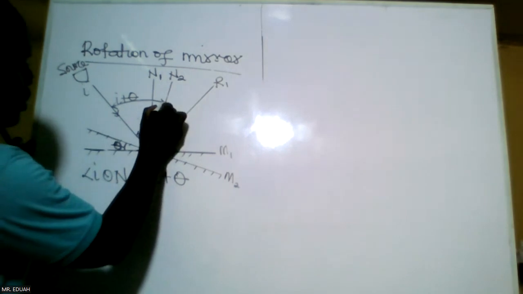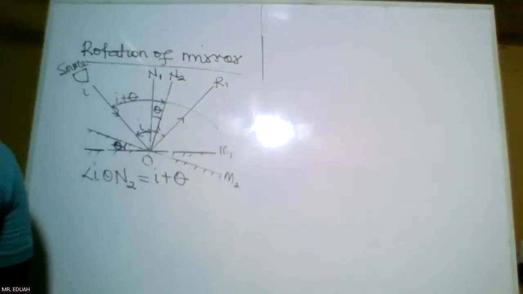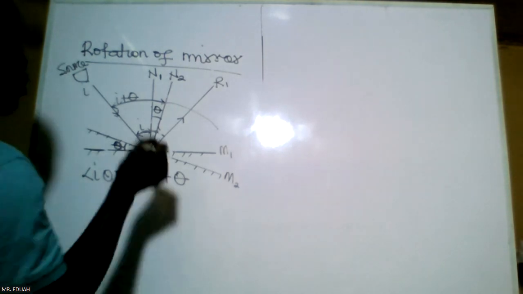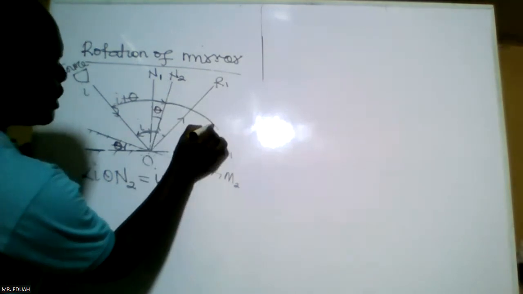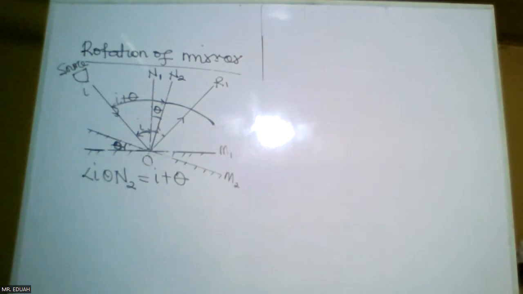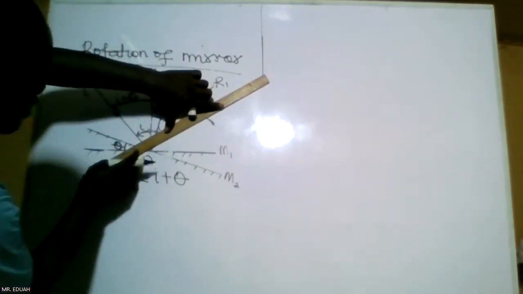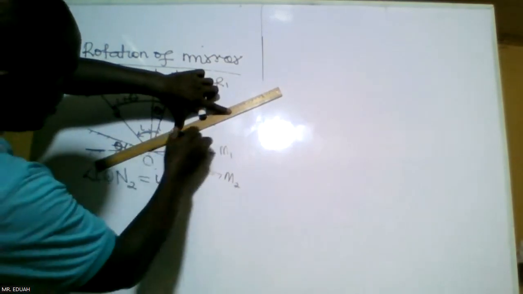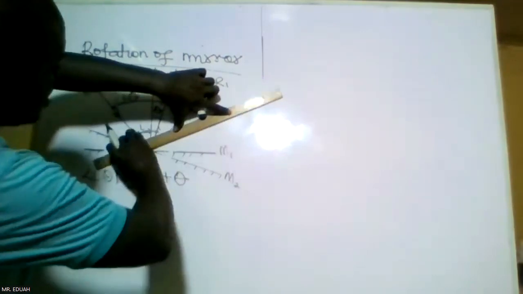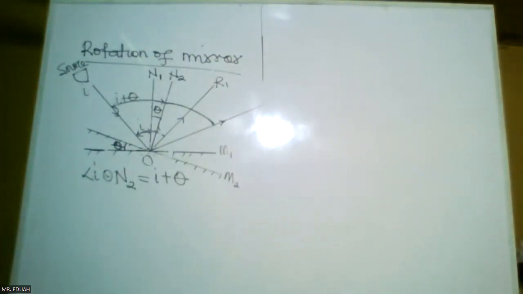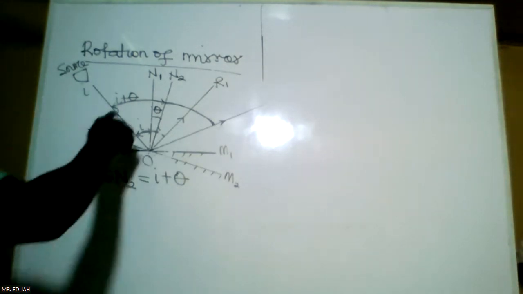With respect to the second normal, the new angle of reflection would also be... Is the I plus theta the incidence ray?